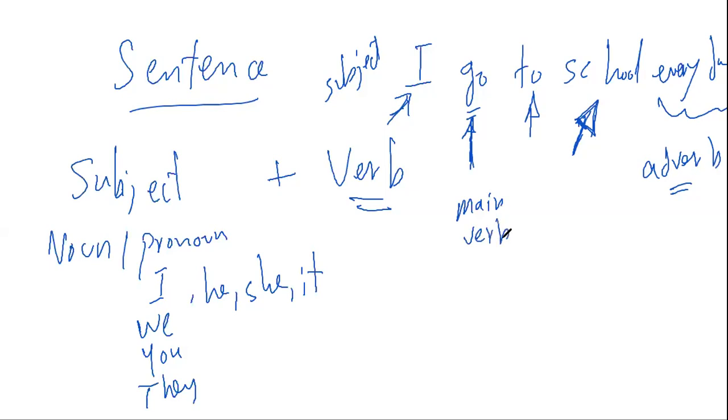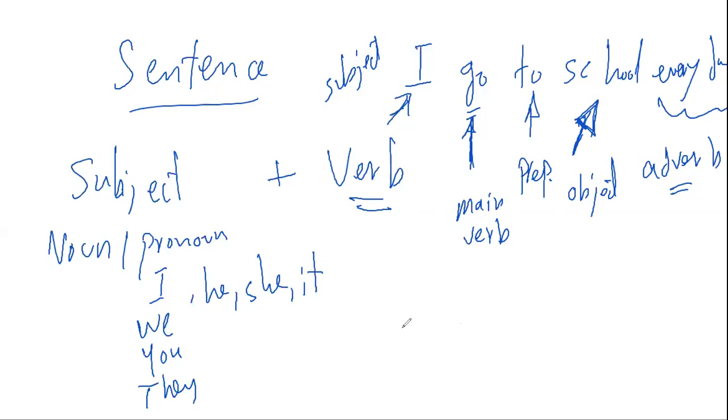We studied the verb and all the types of the verb. To is a preposition. And school is object. And every day is adverb. So simply, to make a sentence, you need a subject and verb and usually an object. But it depends on the verb. We have two types of verbs, or many types of verb. Verbs that take object and other verbs that don't take object.